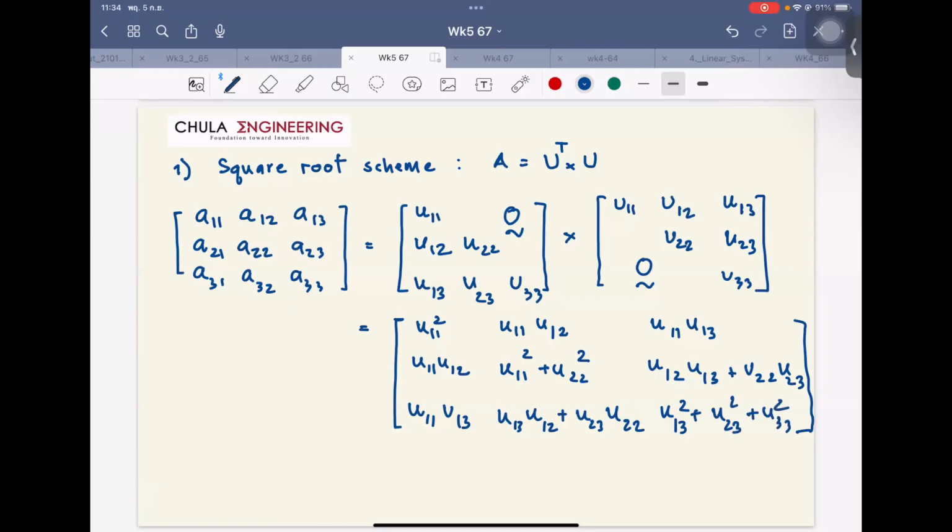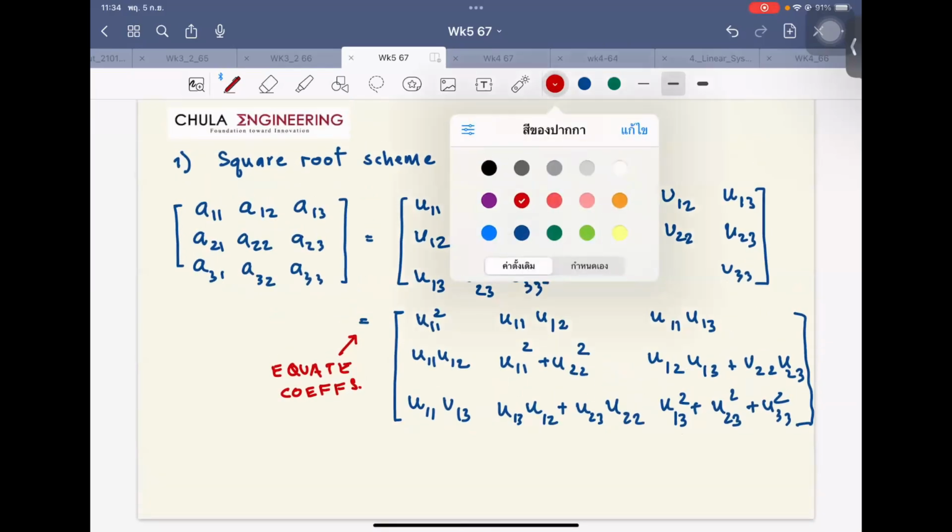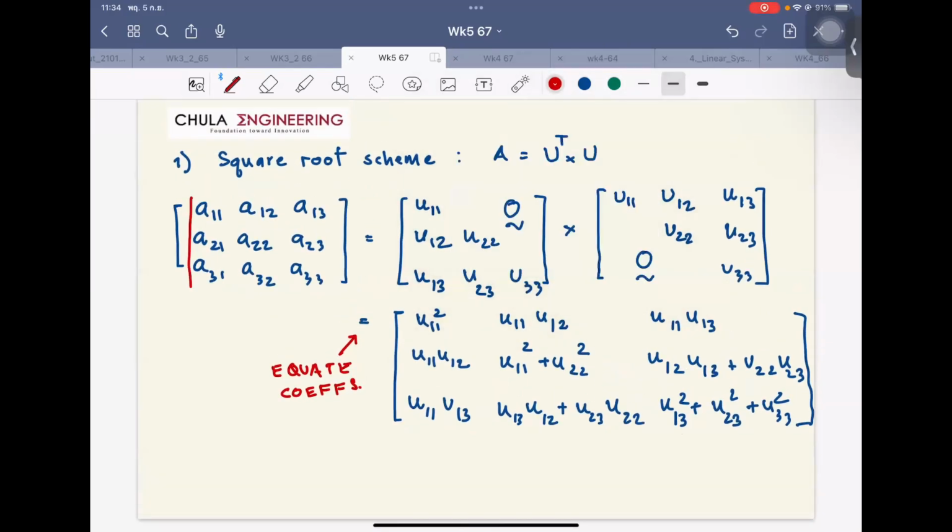And then we equate the elements, which we can also call the coefficients. If we start with the first column, you get U11. Remember, matrix A is given.